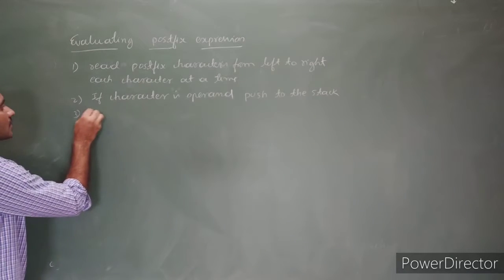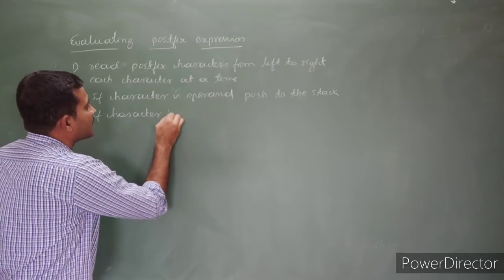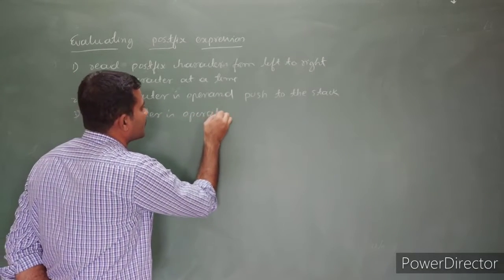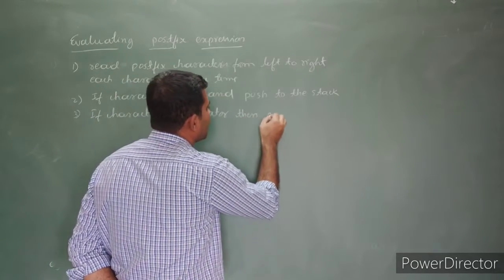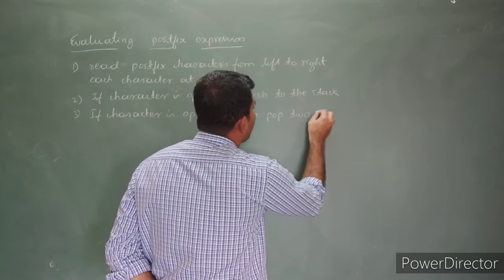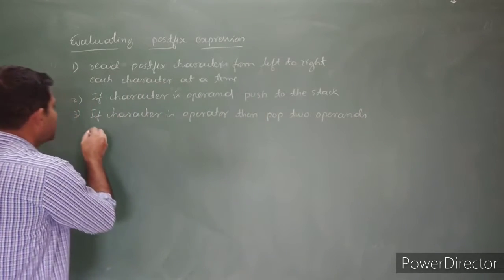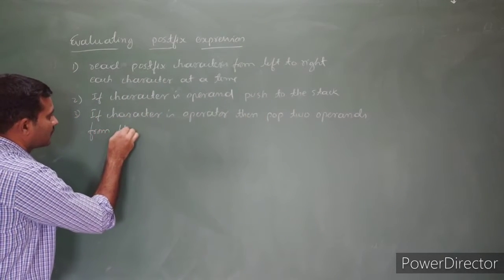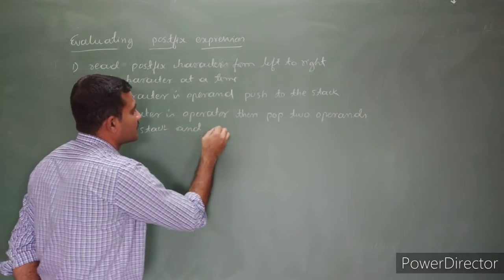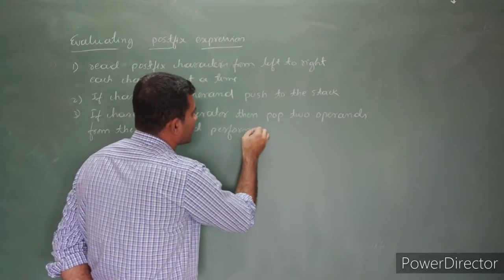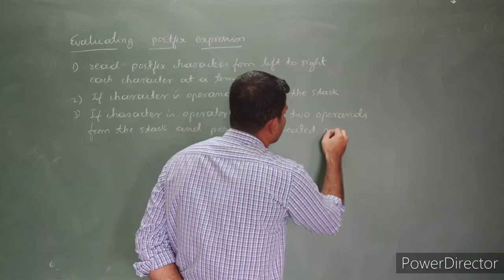Next, if the character is an operator, then pop two operands from the stack and perform the indicated operation.